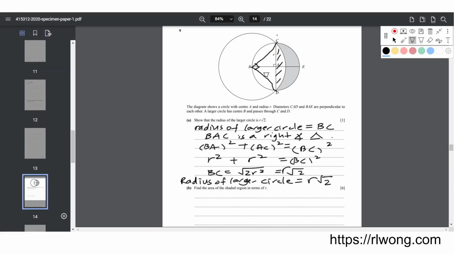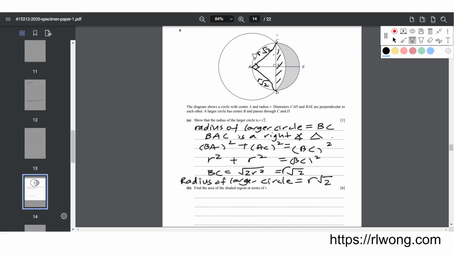So the angle in a semicircle is equal to 90 degrees. So here is a 90 degree. Next, I know that this is the radius of the larger circle, and this is also the radius of the larger circle, and from part A I know that it is r root 2.